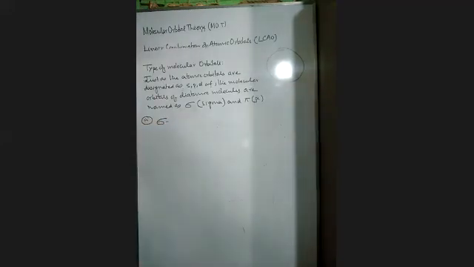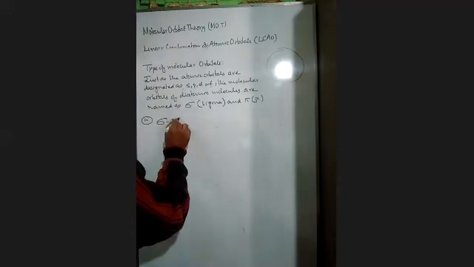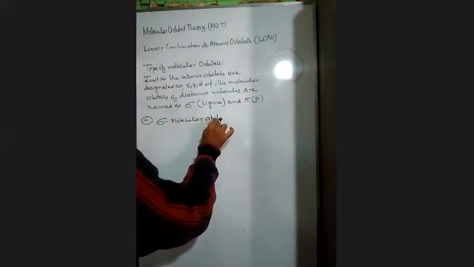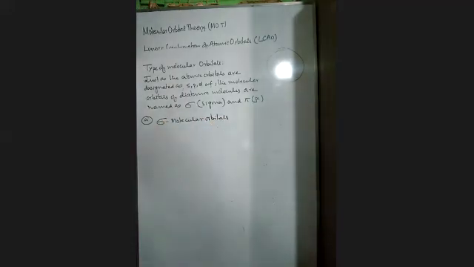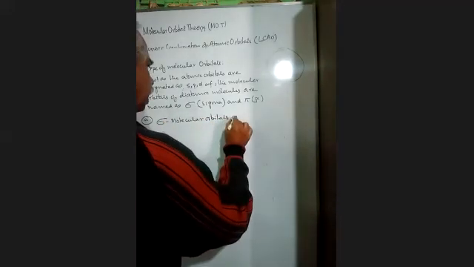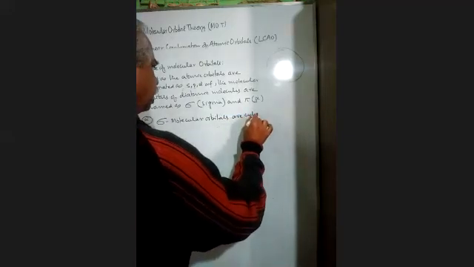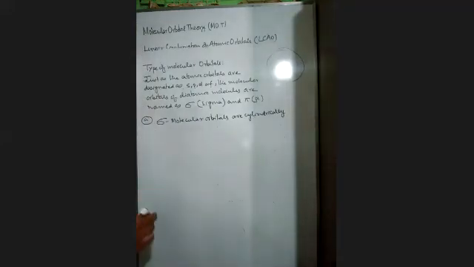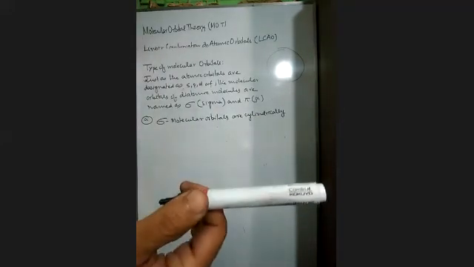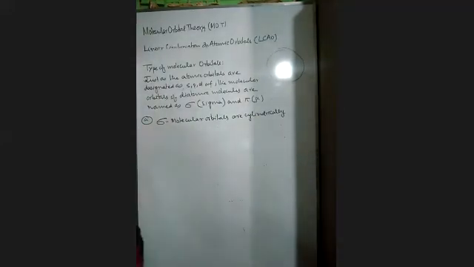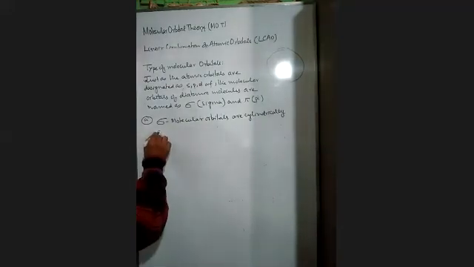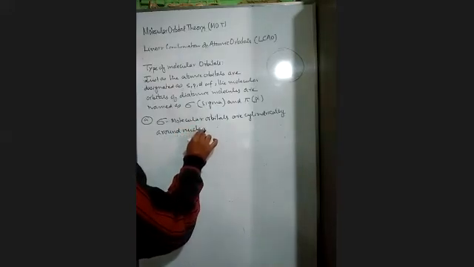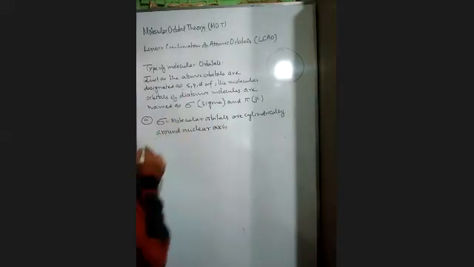Sigma molecular orbitals are cylindrically symmetric around the nuclear axis. Cylindrically means just like this.